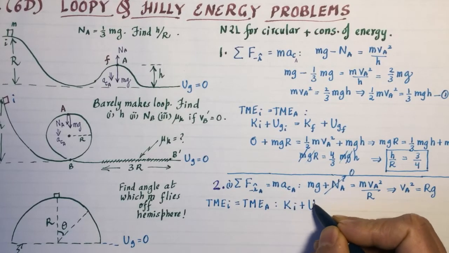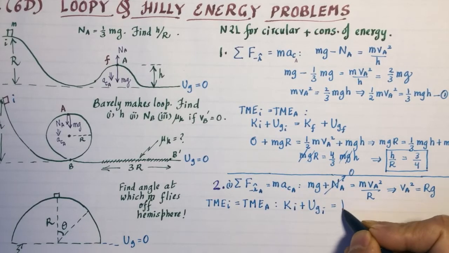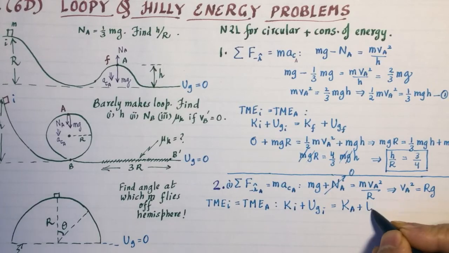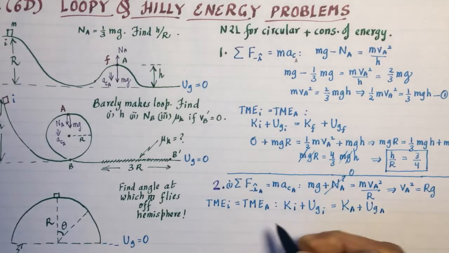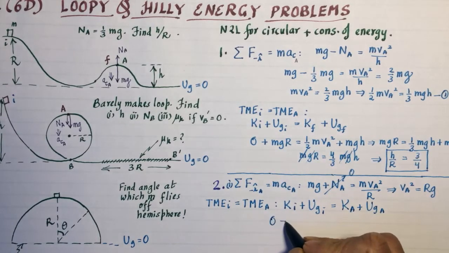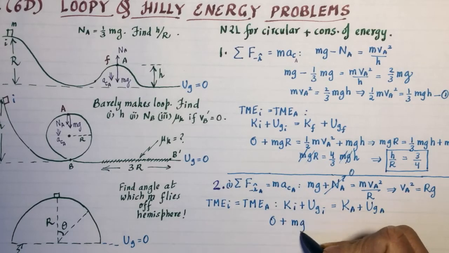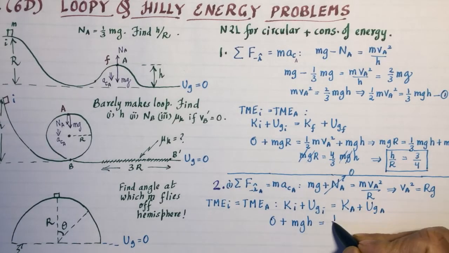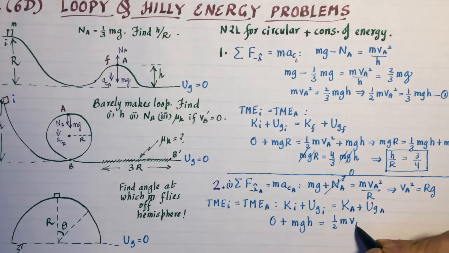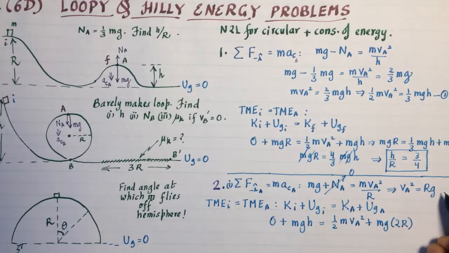Ki plus Ugi equals Ka plus Uga. Initially it was at rest, so 0 plus mgh is equal to 1/2 m v_A squared plus mg times 2r. Now v_A squared is rg, so we can substitute for that.